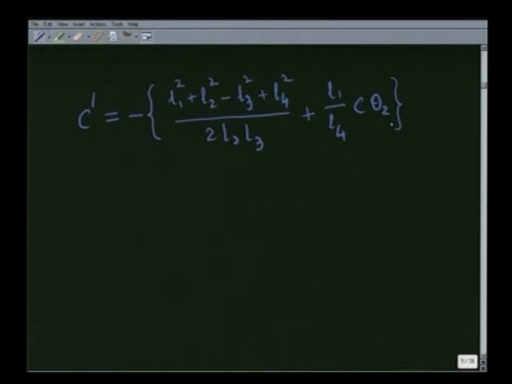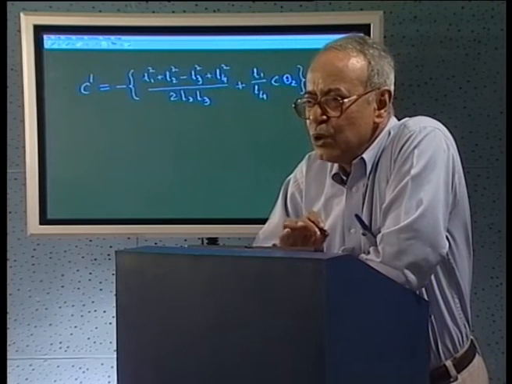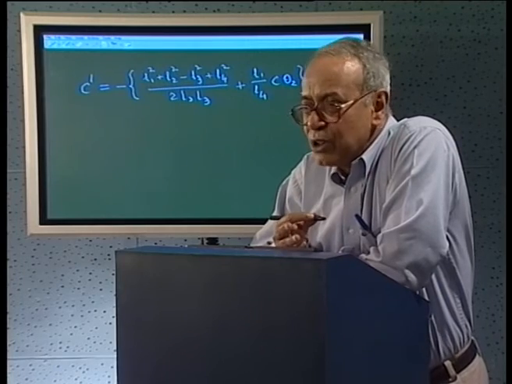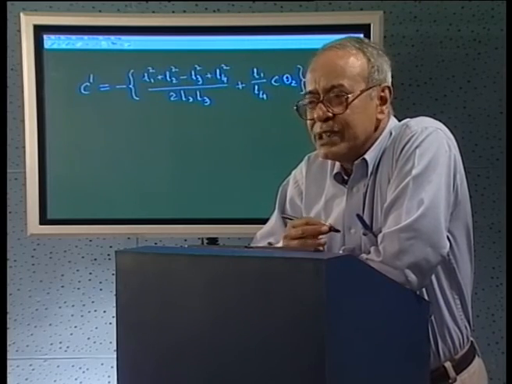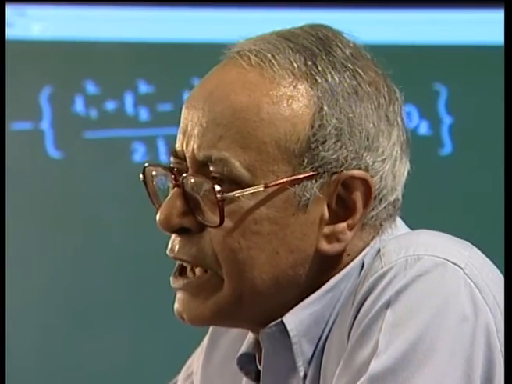The thing to note is that for the same set of given lengths and the same value of theta 2, we have obtained two values of theta 4 and two values of theta 3. This is nothing surprising if we remember that even by the graphical method we would have got two solutions for the given link lengths and the input angle.